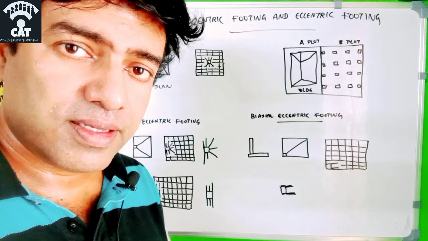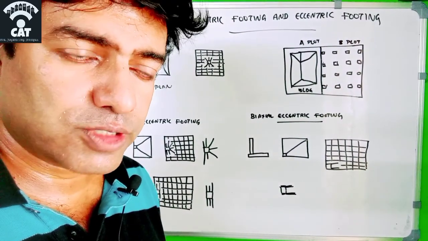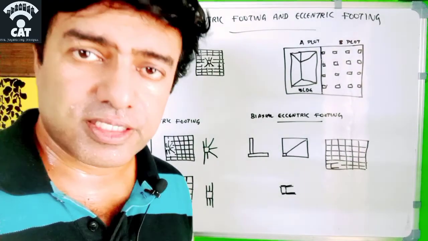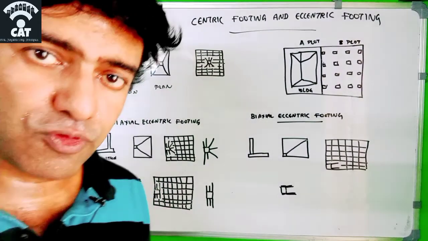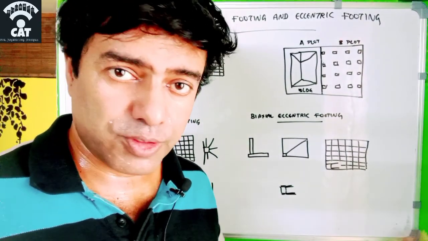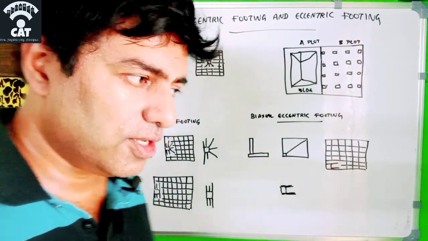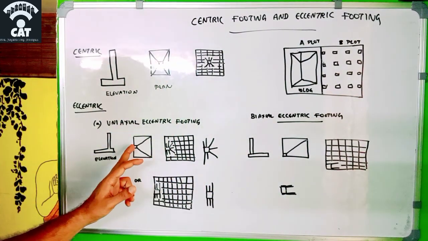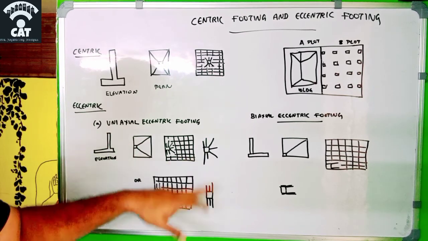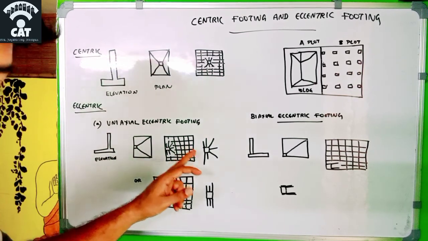So again, I am telling, centric columns are the usual columns that we see everywhere. But when the areas are abutting, and when we don't have much area to place a centric column, we go for eccentric columns. And eccentric columns are of two types. One is uniaxial. Uniaxial also comes to a center, but on one side. This is uniaxial, and this is the reinforcement drawing.